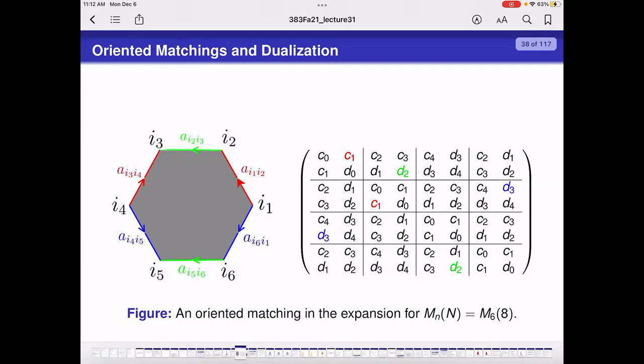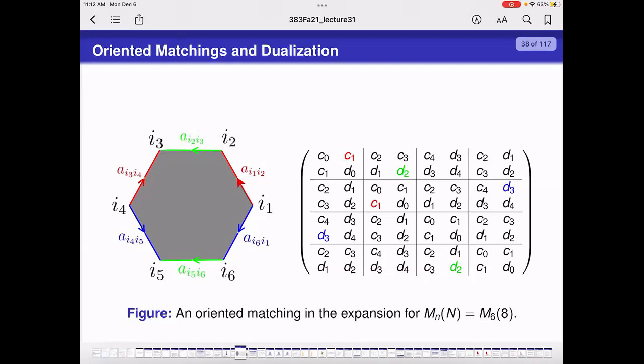And so here I've matched everything in pairs, and things are actually matched in the opposite direction. And this can be seen by the fact that I never have 2 things on the same side of the diagonal. So if I have a C1 in the upper triangular part, it's matched with something on the lower triangular part. Could it have been matched with something in the upper triangular part? Absolutely.